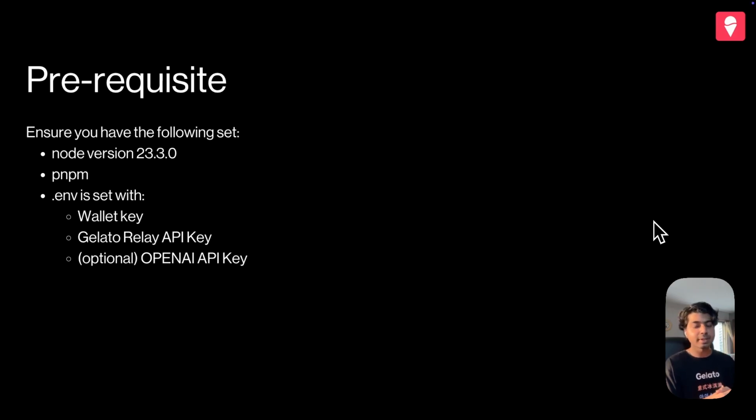Something optional is that you can also have the OpenAI API key, to make it easier for your AI agent to use a specific model from OpenAI, for example. But this could be something else. It could be DeepSeek, it could be Grok, anything that you prefer. I just went ahead with OpenAI for simplicity. Right, so let's dive right into the demo.